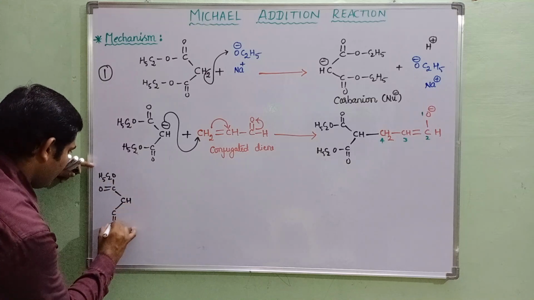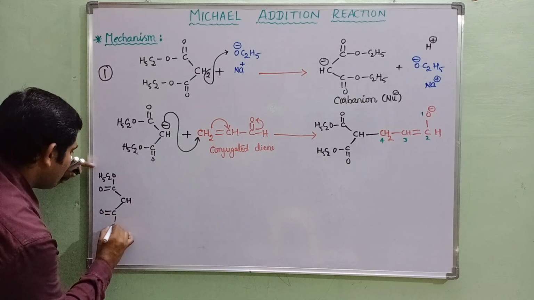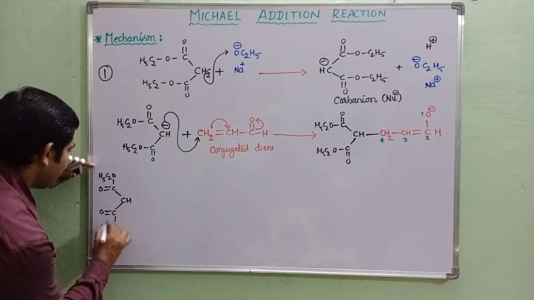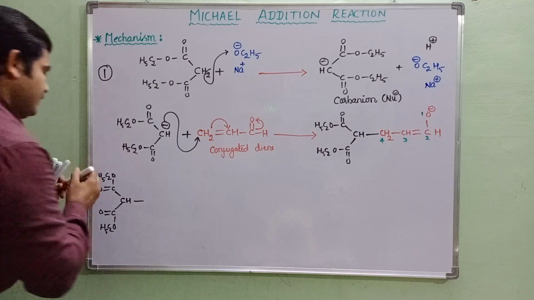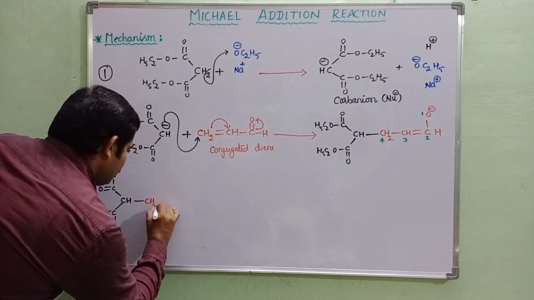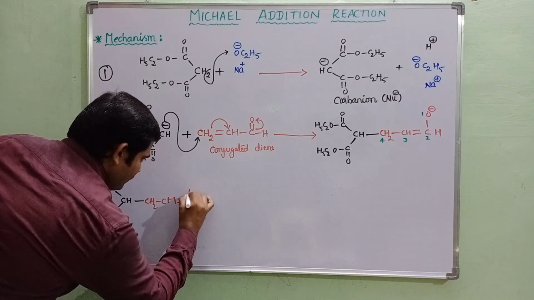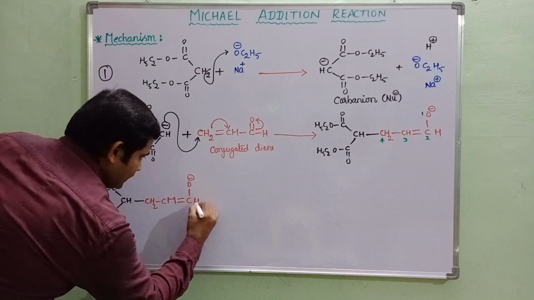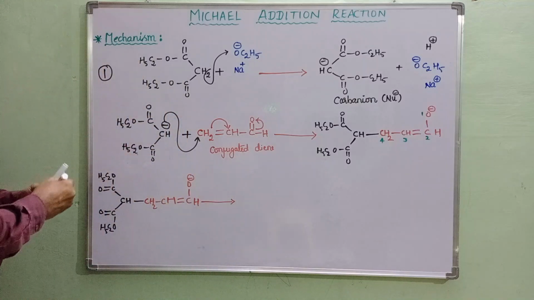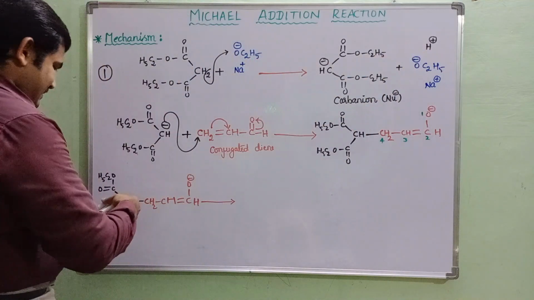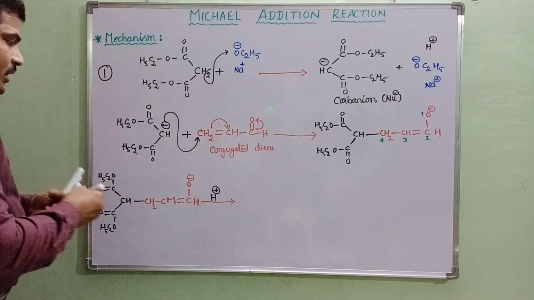C double bond O, O C2H5 bond with CH2, C H double bond O minus H. Okay, it undergoes protonation. It undergoes protonation. Now you tell me the product.